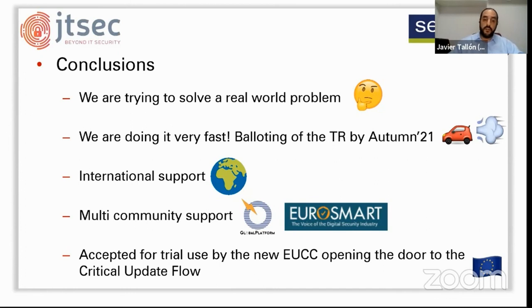And last but not least, the ISO technical report was accepted by ENISA and the ECCG Audit Working Group as a way to assess the critical update flow, which is absolutely in line with the recommendation or options for certification bodies contained in the technical report. And this is really a great success for the ISO and Common Criteria community that have been working hard to get to this point, and there is still a lot to be done.